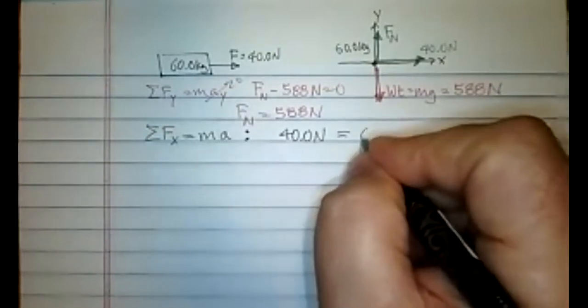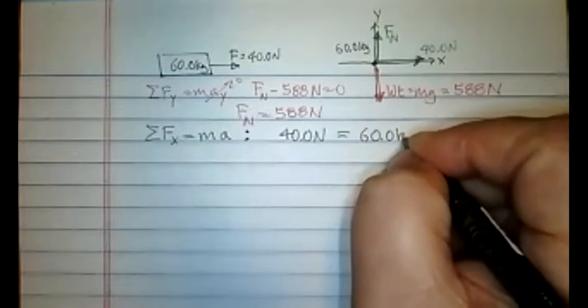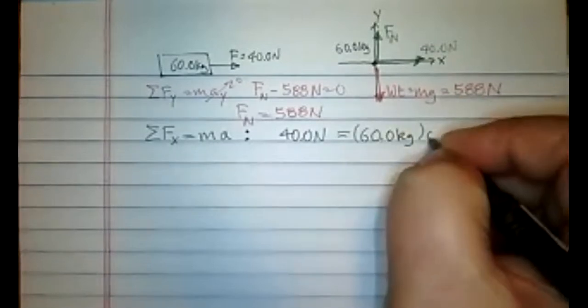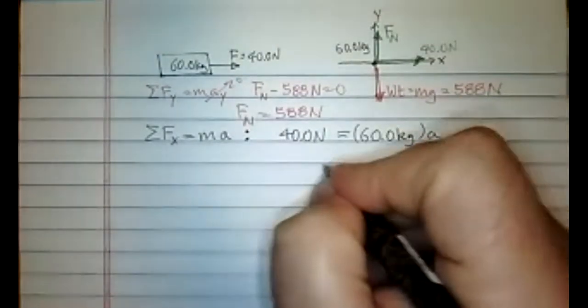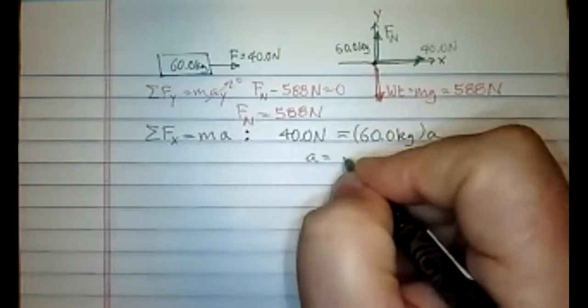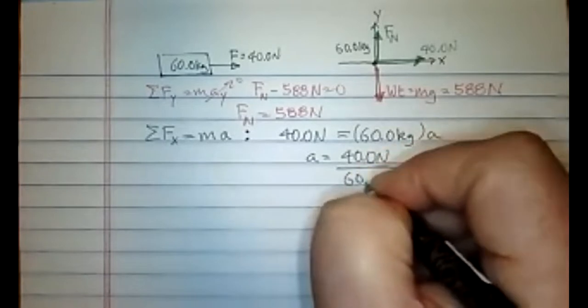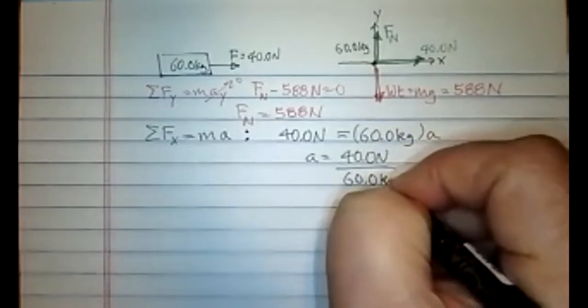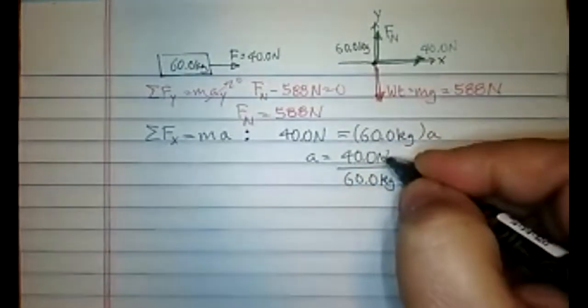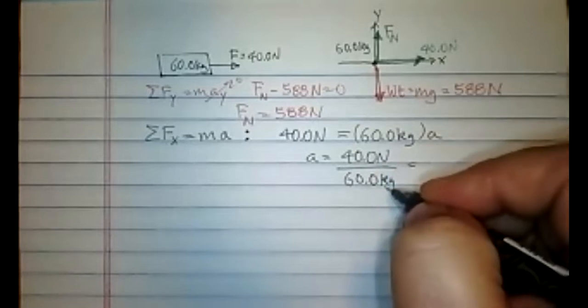So that's got to be equal to 60.0 kilograms times a. So we see a is going to be 40.0 newtons over 60.0 kilograms. And a newton is a kilogram meter per second per second. So divide that by kilogram, you just get meters per second per second.